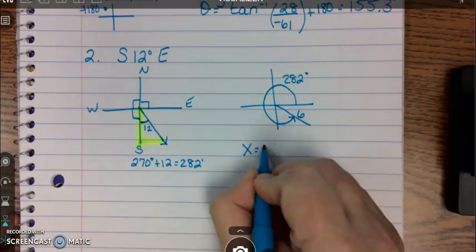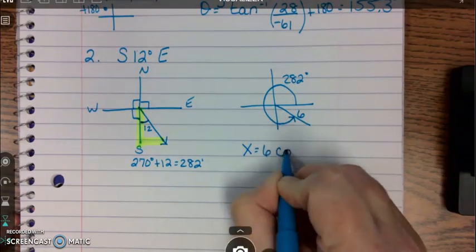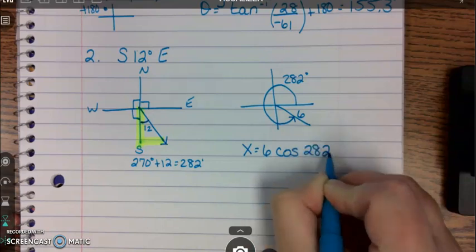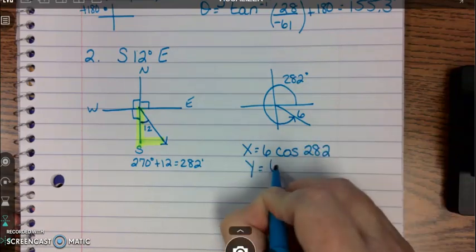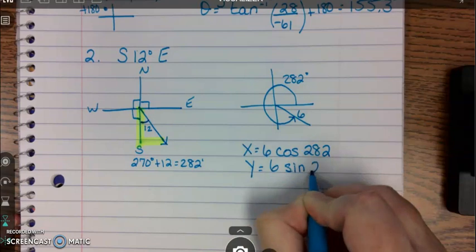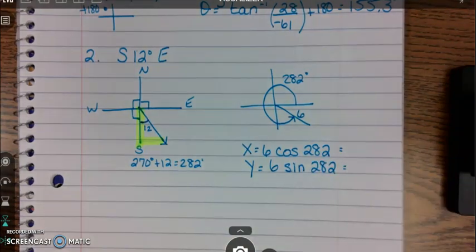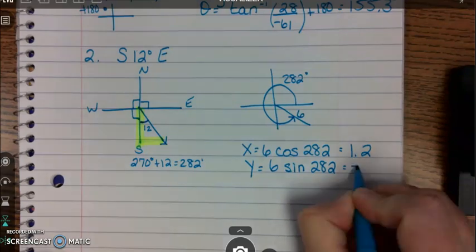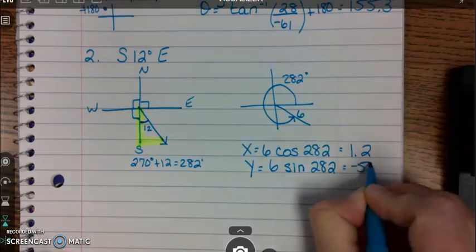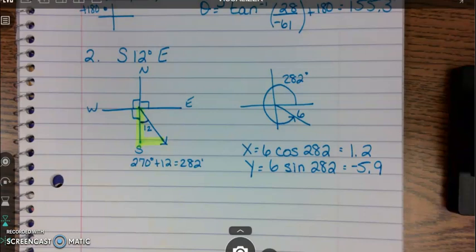So x is 6 cosine of 282, and y is 6 sine of 282. 6 cosine of 282 gives me 1.2, and 6 sine of 282 gives me -5.9. And there you go.